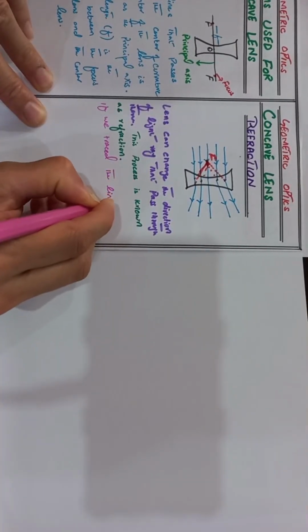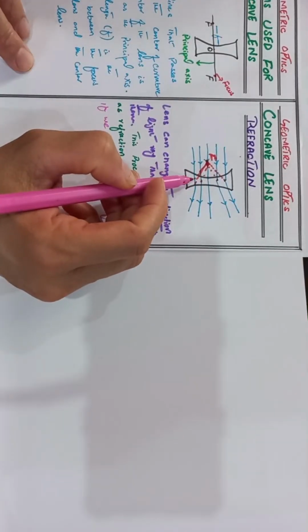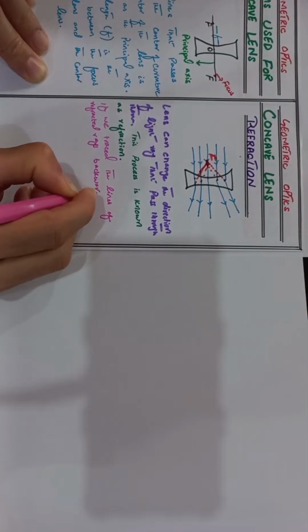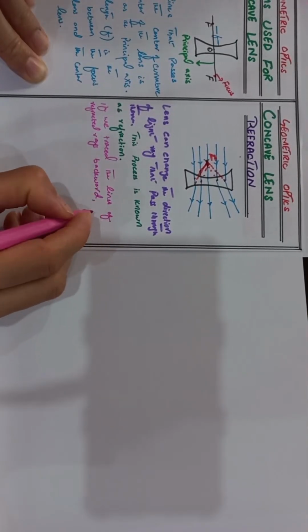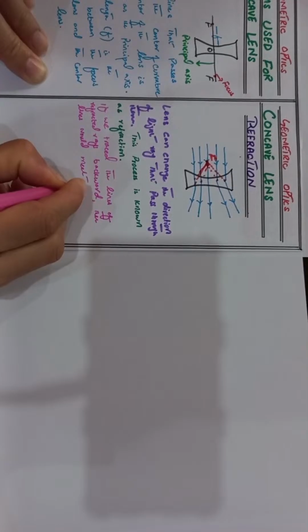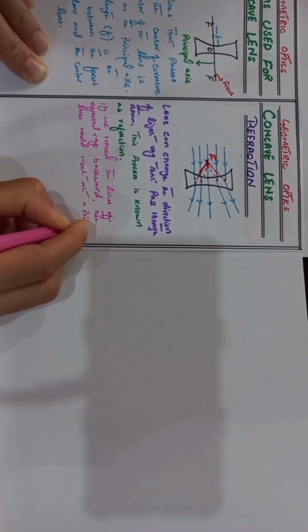Okay. Second point, we write that if we trace the line of the refracted rays backward, the lines would meet at a point.